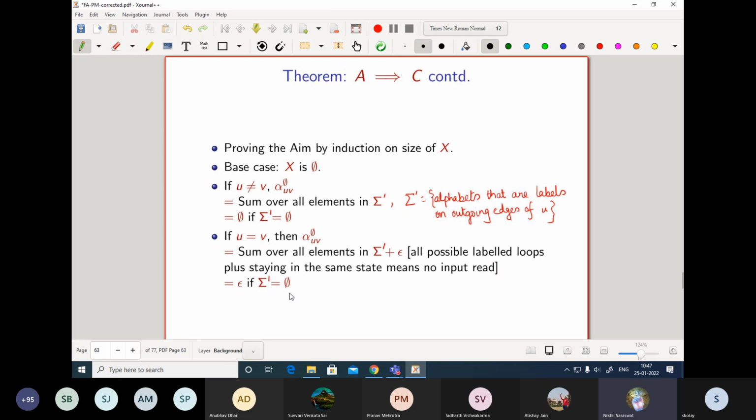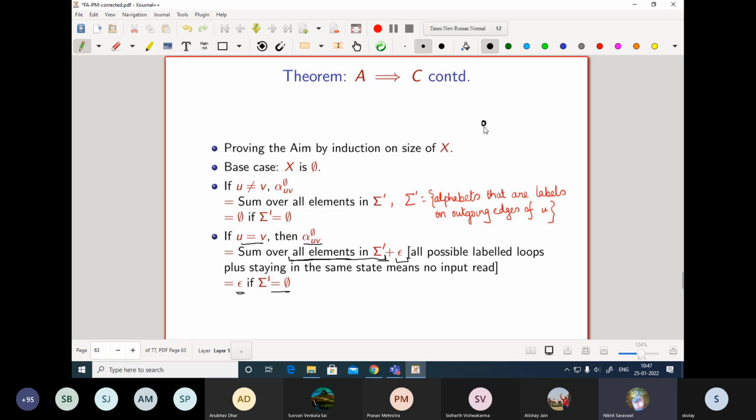Okay. Now the next case is, what happens if U is equal to V? This is also possible. Then alpha UV empty is going to be sum over all elements in sigma dash plus epsilon. Okay. And if sigma dash is empty, then it will just be epsilon itself.